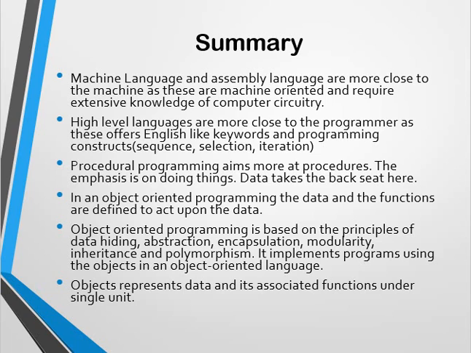So object oriented programming is based on the principles of data hiding, abstraction, encapsulation, modularity, inheritance, and polymorphism. It implements programs using objects, and in object oriented programming, an object represents data and associated functions under a single unit.